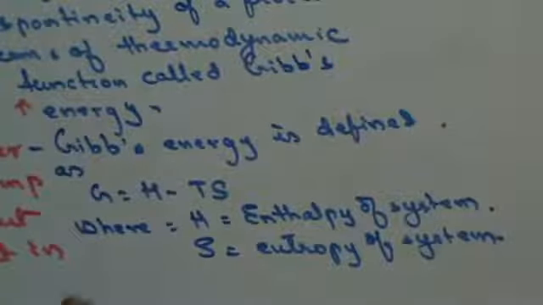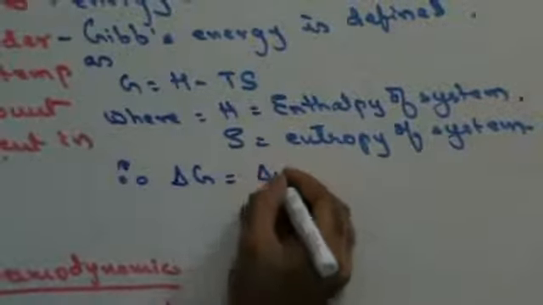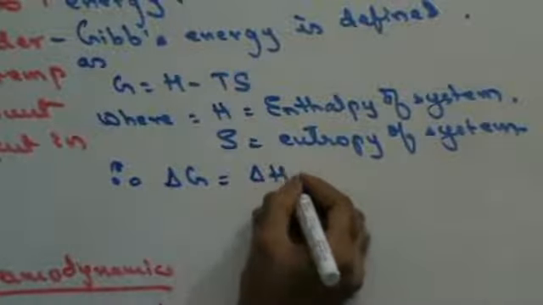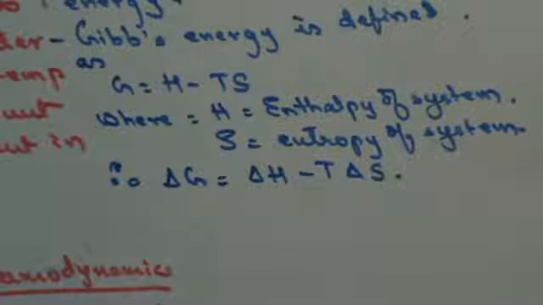Therefore, if this is how the chemists have defined Gibbs energy, then the change in Gibbs energy should be equal to the change in enthalpy minus T, which remains constant, times the change in entropy. Right?